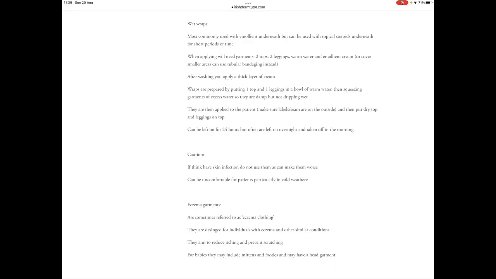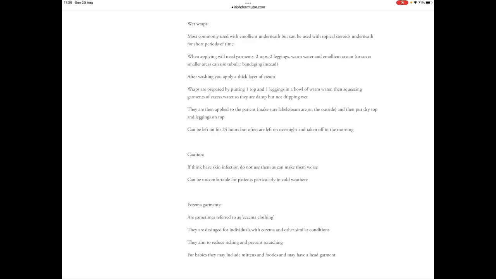But with the garments, you'd often want 2 tops, maybe 2 leggings, and then you'd want a basin of warm water and emollient cream. What you'll ask the patient to do is wash the usual way they do, and then apply a thick layer of cream. Now you tend to use cream more than ointment, as sometimes the ointment might predispose them to a folliculitis-type picture under occlusion.